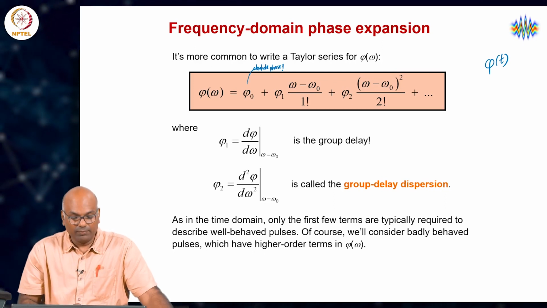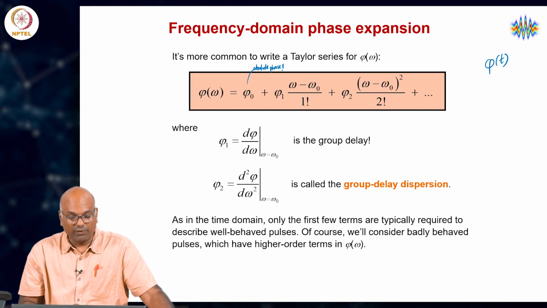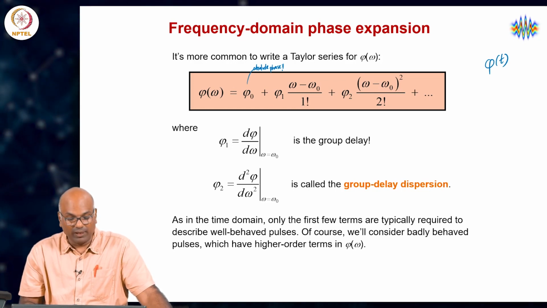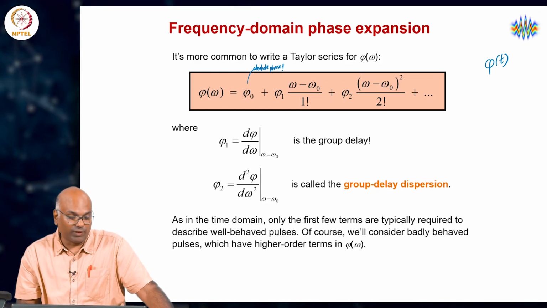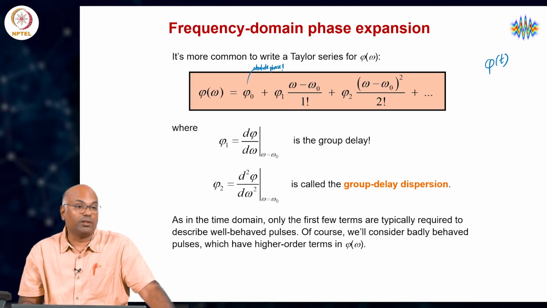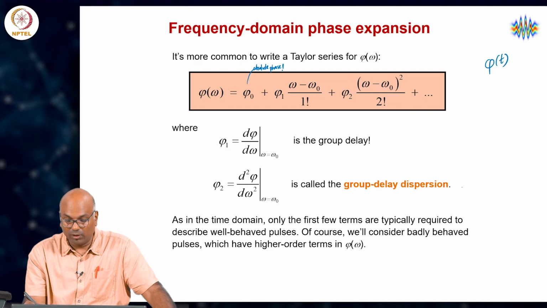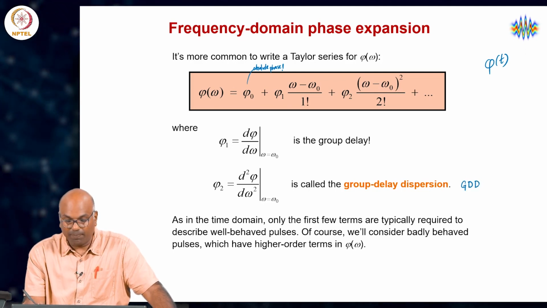The first term was the derivative of phi of omega with respect to omega. We call this the group delay, and the dispersion in that quantity, the first derivative of phi of omega, that is the variation of that quantity with respect to frequency, is what we call group delay dispersion or GDD.